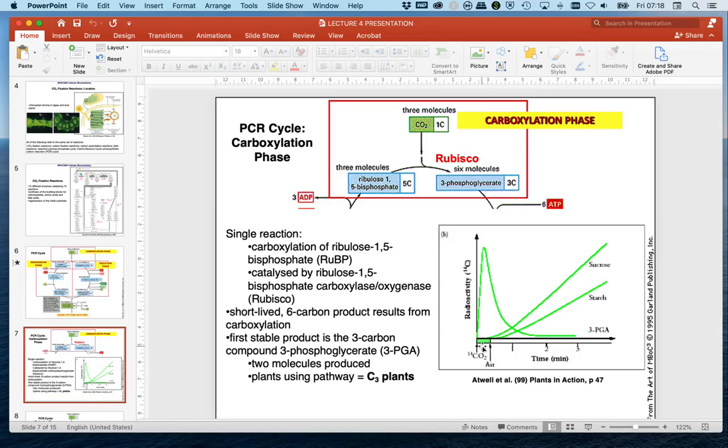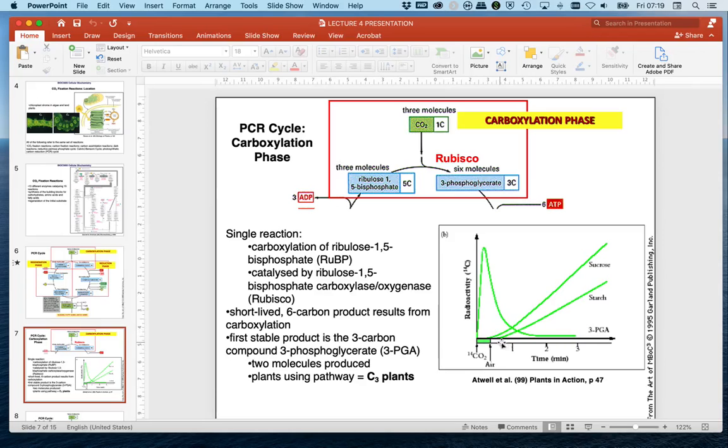That pulse of 14CO2 is only for about 30 seconds, or shorter. And then the first peak that we see is 3-PGA. That's the first stable compound, and that's a 3-carbon compound, as I've said.